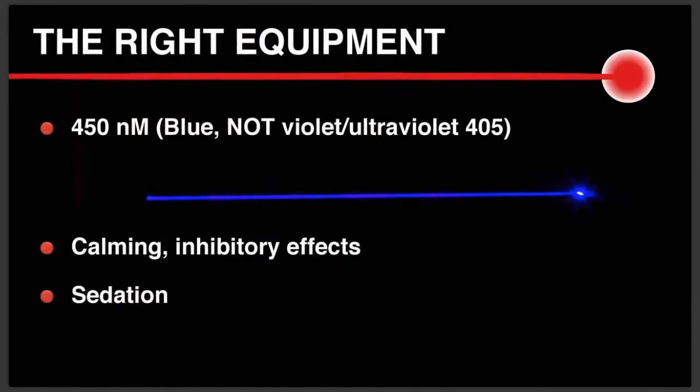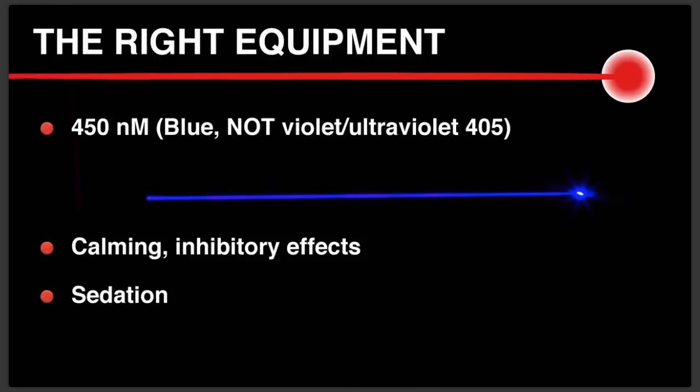I use blue light, the 450 nanometer blue, which is not the ultraviolet light. Ultraviolet is 405, not 450. And I've seen ultraviolet purple blue lasers for really cheap, and they're not blue. I even bought one time.